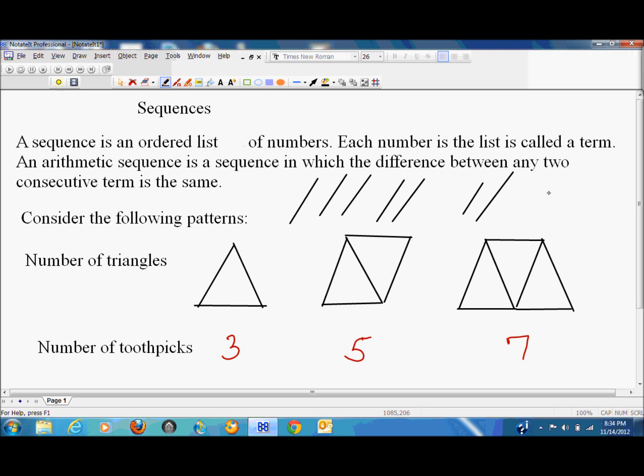So how many toothpicks do I have in all for the 3 triangles? I have 1, 2, 3, 4, 5, 6, 7 toothpicks, and that created 3 triangles.